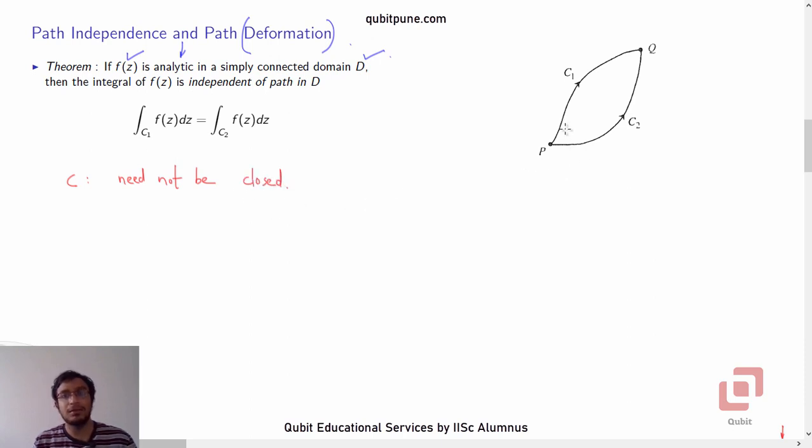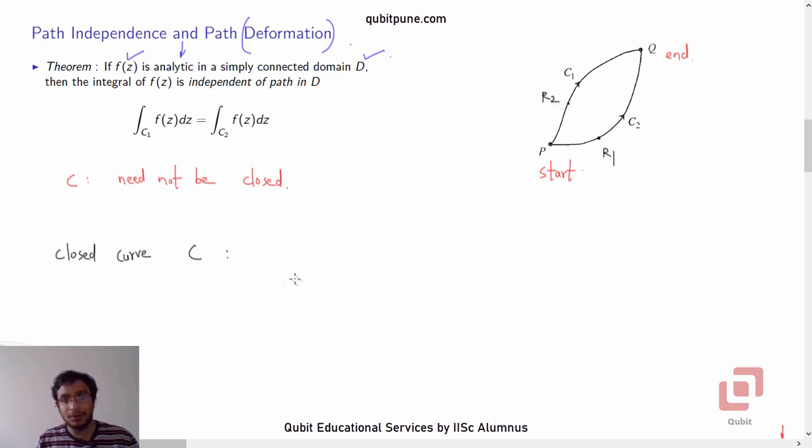Look at the curves C1 and C2. Both C1 and C2 begin at P and end at Q. Now we can consider a closed curve C, and let's call the curve this way. Let me consider a point R1 here, and let's consider a point R2 here.